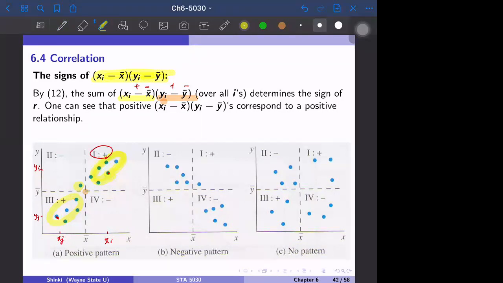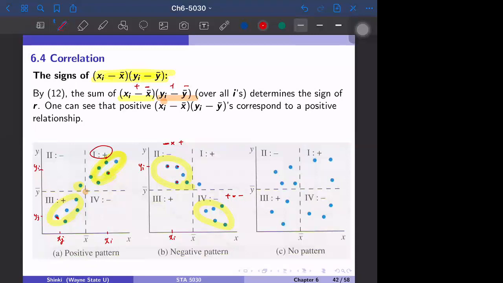In the negative case, the other way around happens. Most observations are in quadrant 2 or quadrant 4. In quadrant 2, xi is smaller than x bar but yi is larger than y bar, so this is negative times positive, which is negative. In quadrant 4, this is positive times negative, so again negative. Most points have negative values, so the summation is likely to be negative.